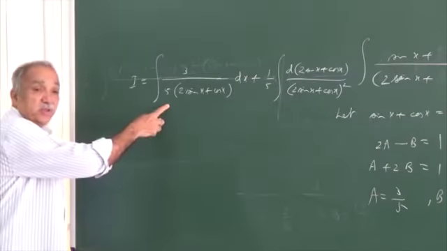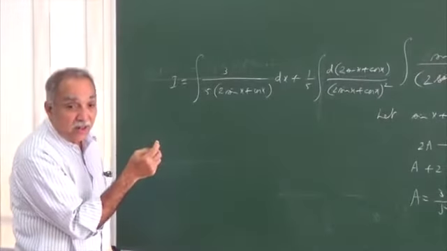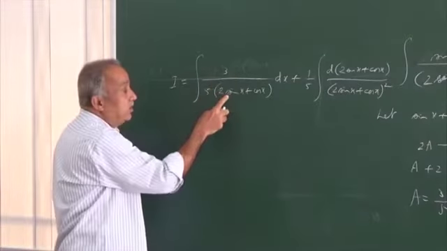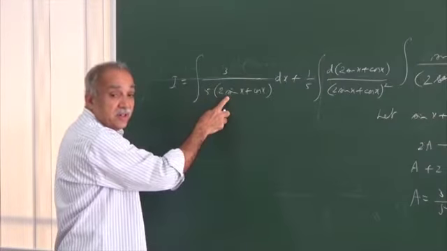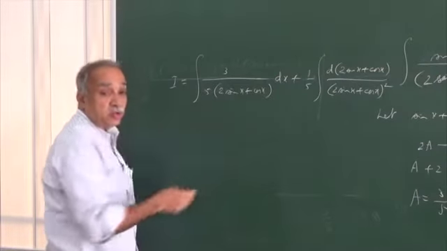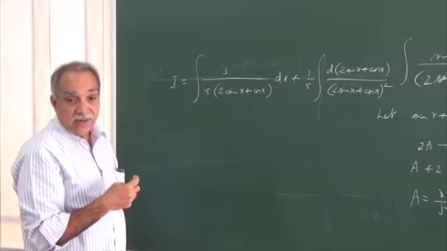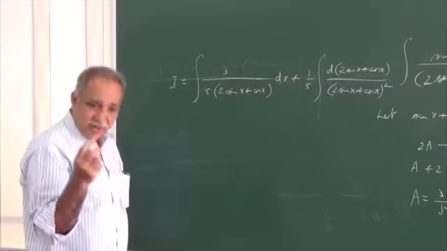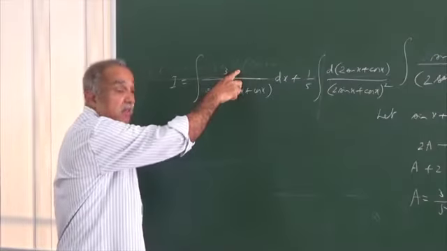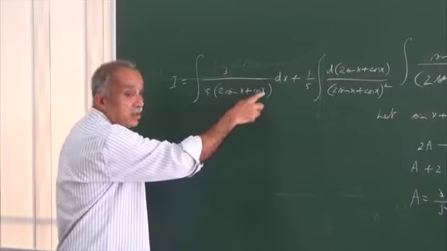What about this? You know the methods. Divide numerator and denominator by cos square x. As a result, numerator becomes secant square x, this becomes tan x secant x, and this becomes secant x. So what? One secant x gets cancelled, leaving 1 secant x in numerator, then tan x here, and 1 here, I think.